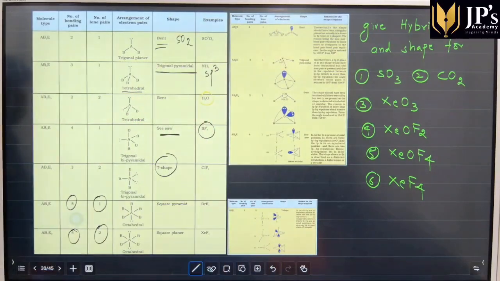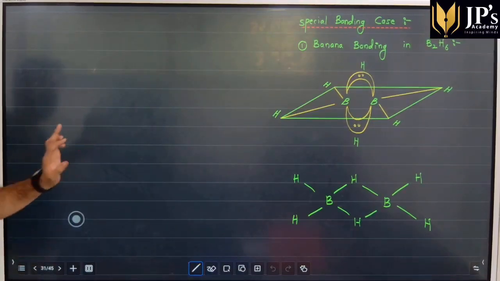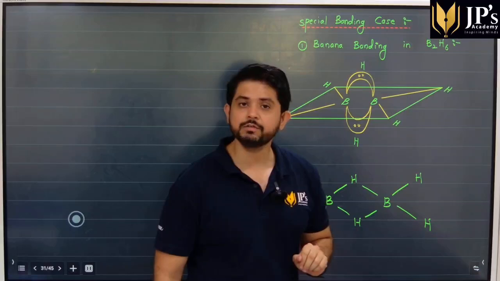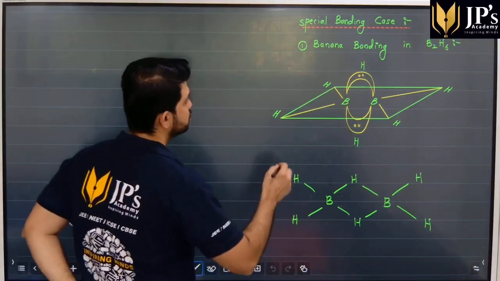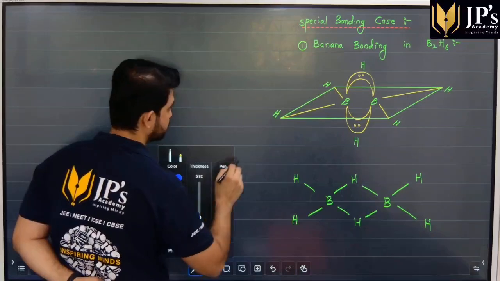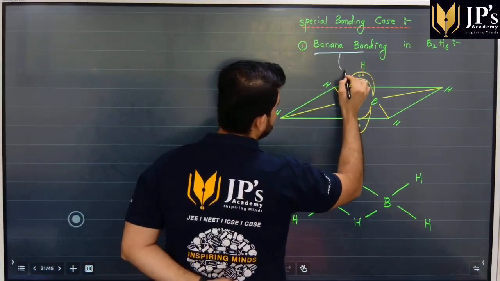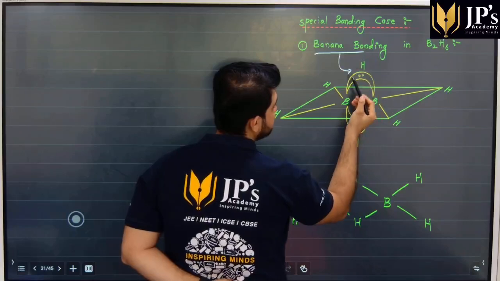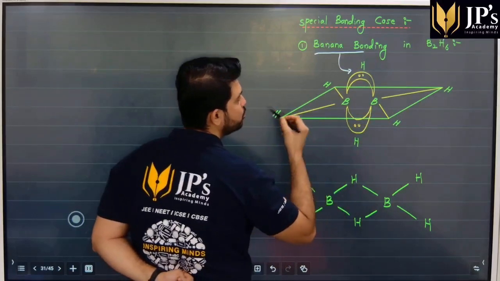Moving ahead, special bonding cases where, students, we have the example of diborane over here, which is the formation of what are called banana bonds. So what we observe here in diborane, students, is that boron and hydrogen, 3 centers are sharing 2 electrons.